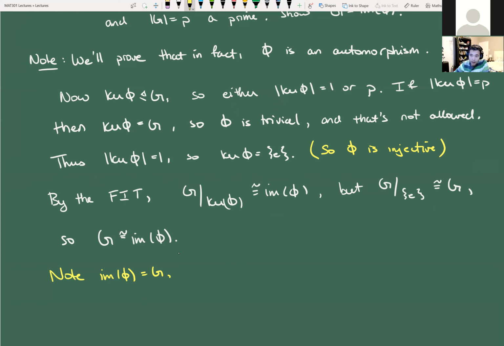So the image of phi is equal to G. Why is the image of phi equal to G? Can anyone tell me? What does it mean in terms of the homomorphism if I say that the image of phi is the entire codomain? What property of functions is that?